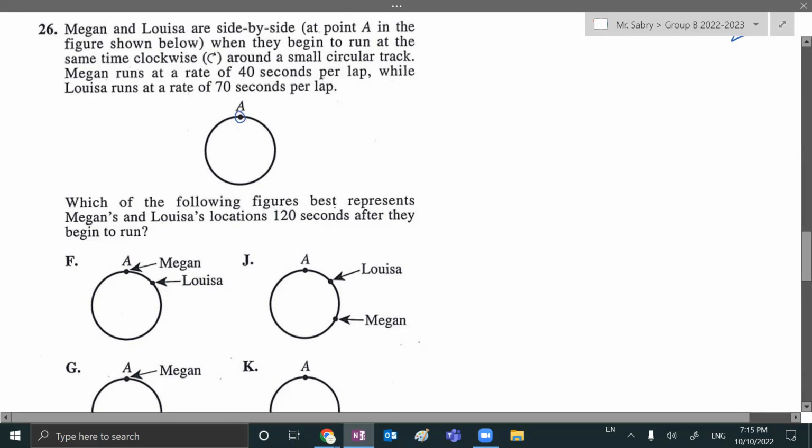They begin to run at the same time, clockwise, around a small circular track. Megan runs at a rate of 40, while Louisa runs at a rate of 70. So apparently Louisa is faster. They're asking, which of the following figures best represents Megan's and Louisa's location 120 seconds after they begin to run?